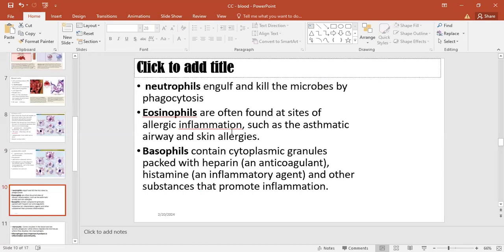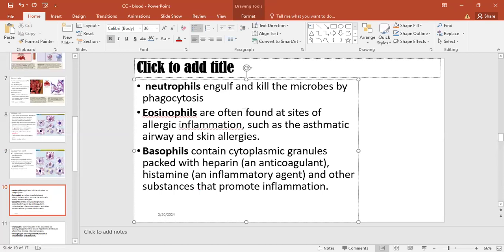We have eosinophils, which are specialized in inflammatory reactions, in fact in allergic inflammatory reactions, not just any other type of inflammatory reaction.